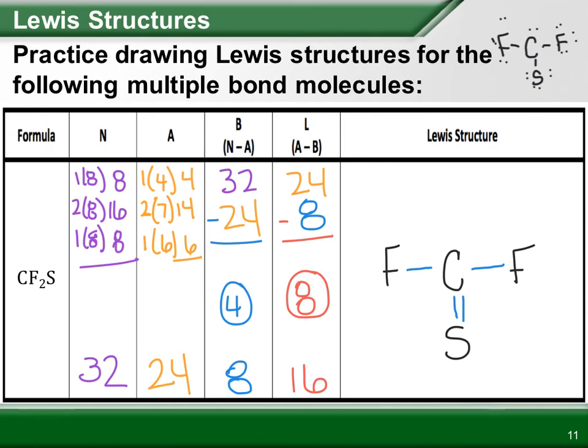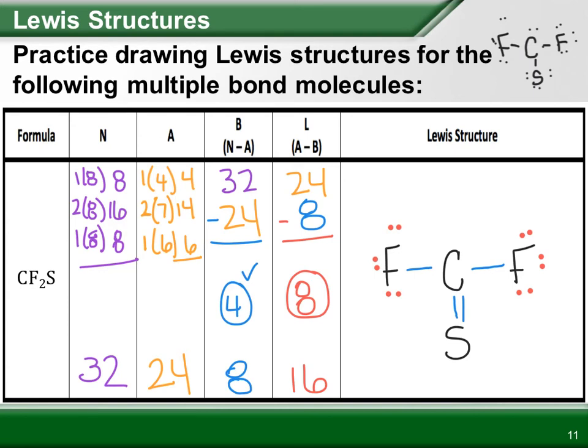Now we have the 4 bonds we needed, and we are left with lone pairs, and we have a total of 8. So we're going to just start with our surrounding atoms. We have 2 in our bond of fluorine, so fluorine needs 3 lone pairs. Same for this fluorine. We look at sulfur.